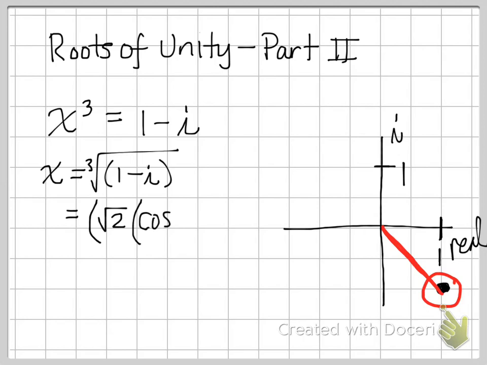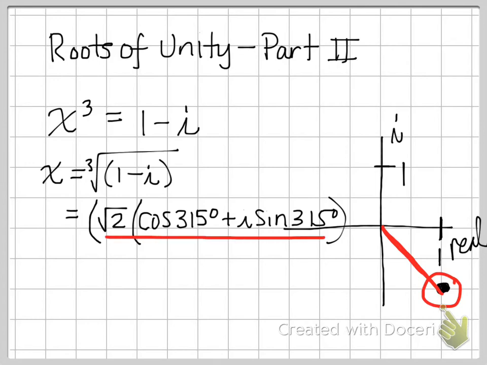The angle is 315 degrees. So I'm going to write the trigonometric form of the complex number as cosine 315 degrees plus i sine 315 degrees. So there's the complex form right there of 1 minus i, and I'm taking the cube root of that, right?